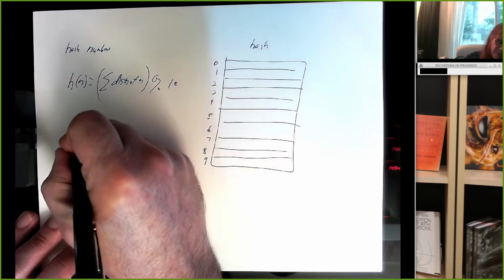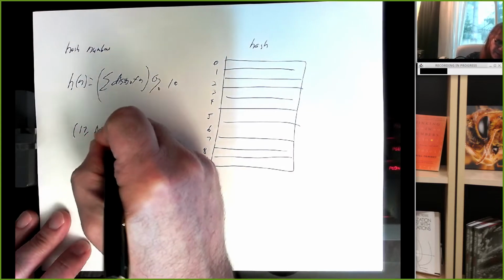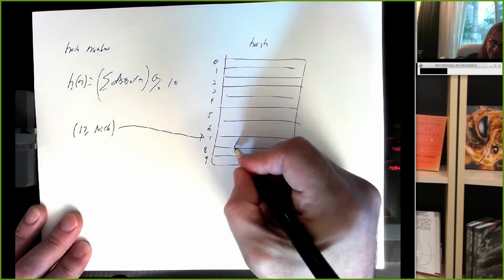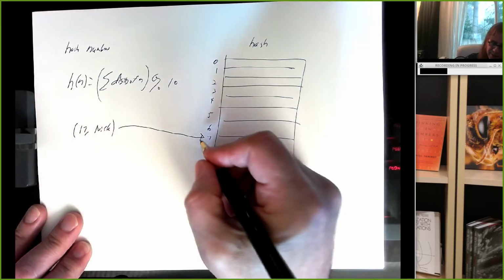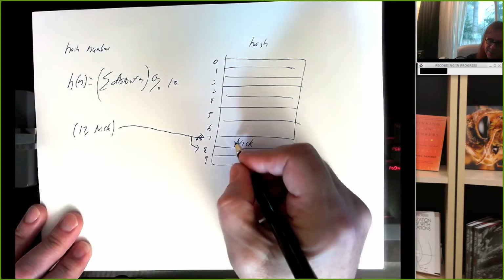So if I want to store, let's say I have a key 17 and Nick. Sorry. Sum of the digits, 1 plus 7, so it'll be 8.